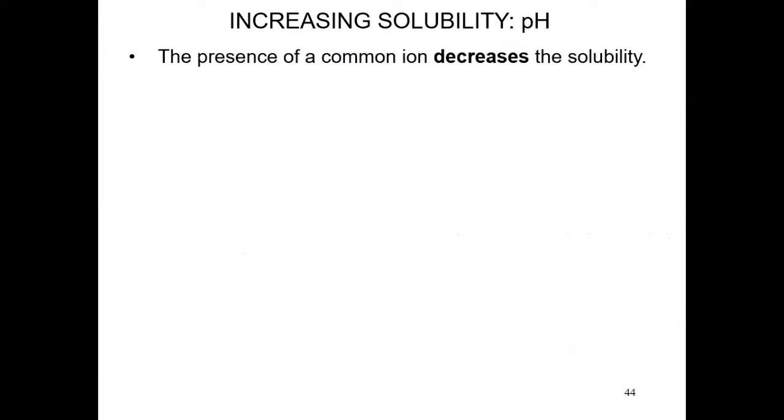So, for example, this is the same idea. The common ion decreases solubility. So what's going to happen is if I have an insoluble base, practice tells me that they will dissolve easily in acidic solutions.